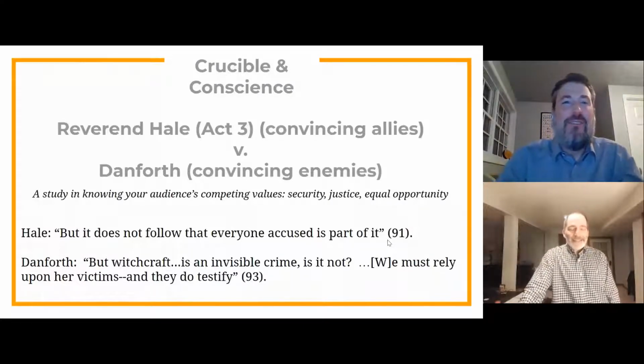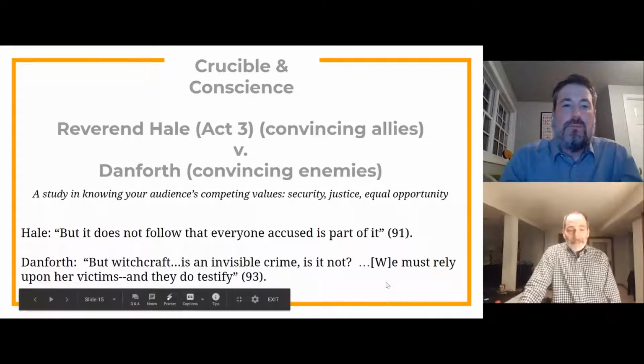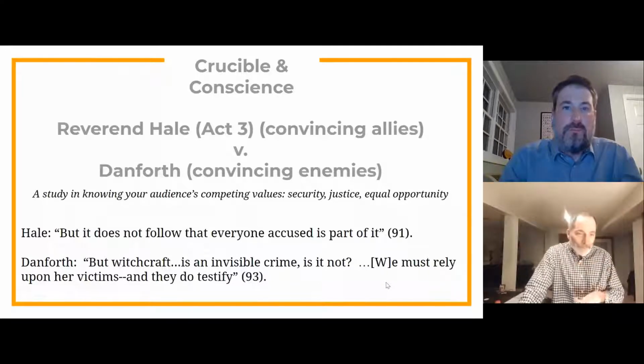We hear the phrase "know your audience," so it's a nice complement to what Lloyd just shared with us, because between the two characters, Hale and Danforth, both reverends, both representing the church or the larger institution, the governing body, they're speaking to competing values, and it's a common trope in American history. We love our security, we love our individuality, but those two don't often go hand in hand.